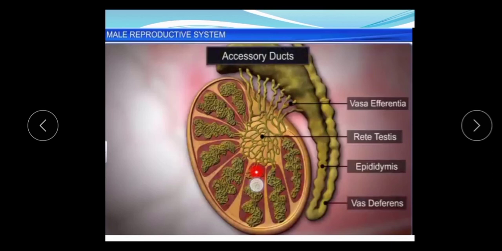From the seminiferous tubule, the sperm first comes into the rete testis, then goes into the vasa efferentia, and then into the epididymis. The epididymis serves as a site for sperm maturation and storage, and when the sperms mature, they come into the vas deferens.